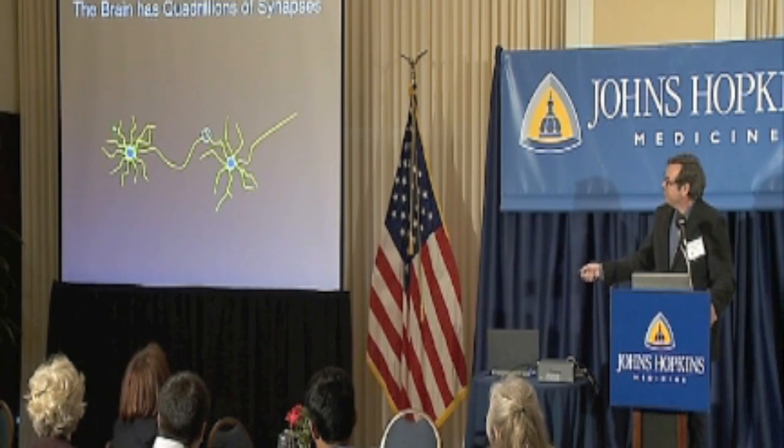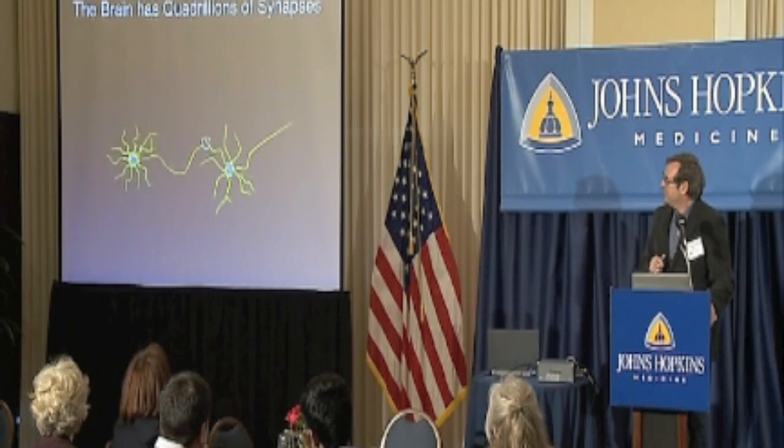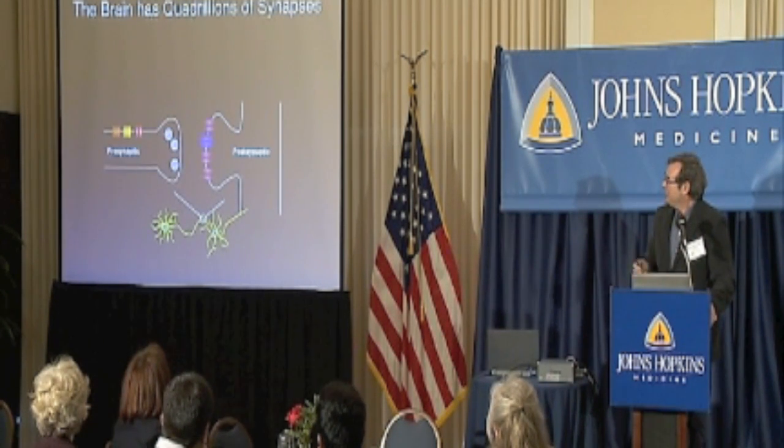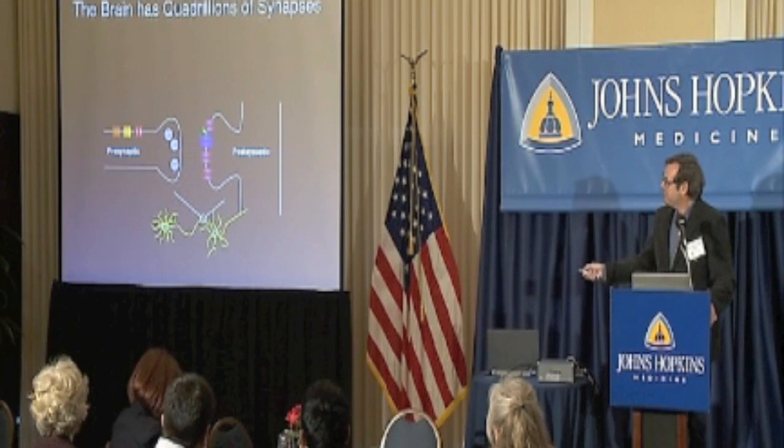And they receive this input, and then they send out an electrical signal down the axon, which then ends at a synaptic connection shown here. And so what happens at this synapse is illustrated here. This is a blow-up of the nerve terminal of the first cell, and where it's in contact with the second cell.